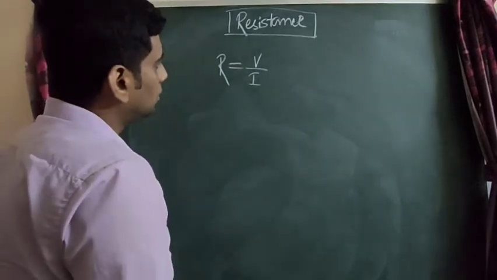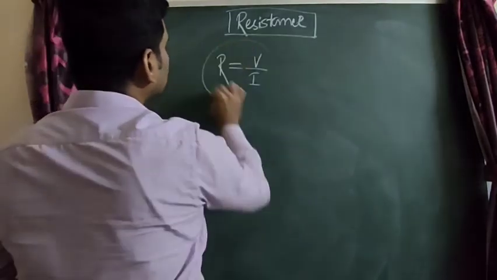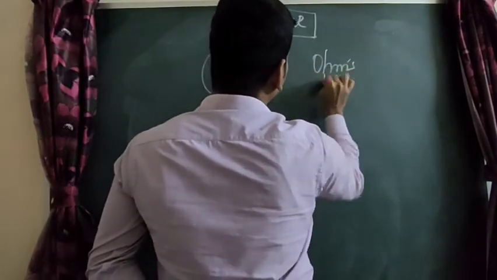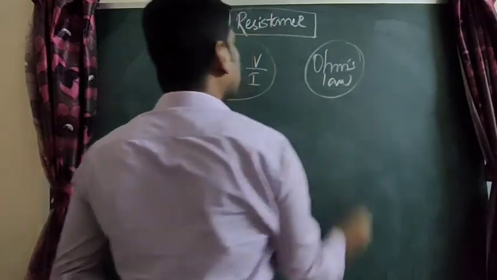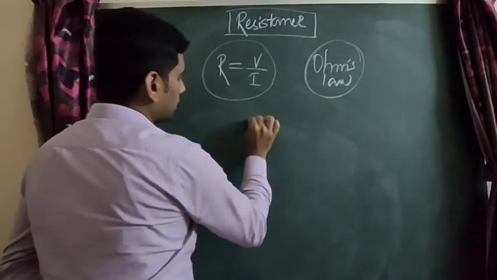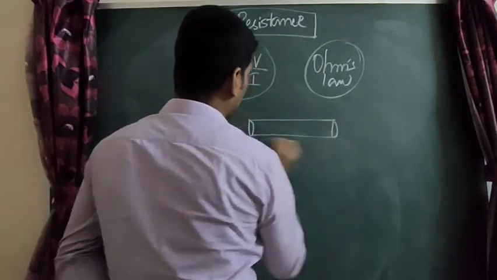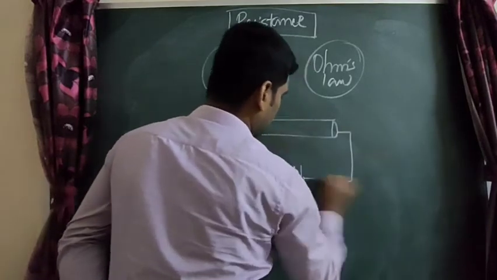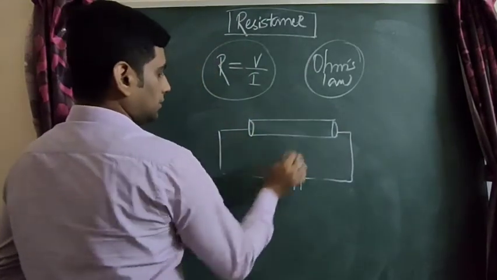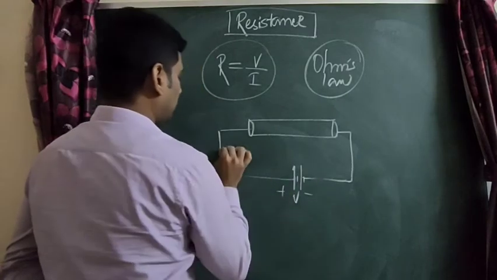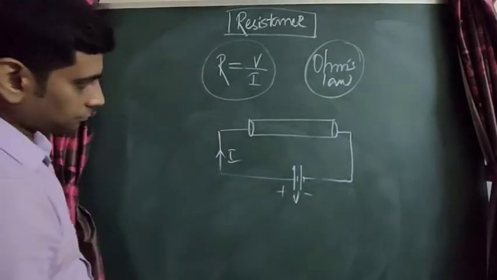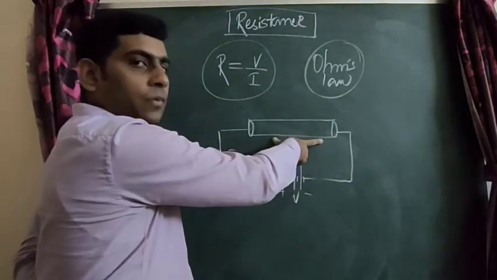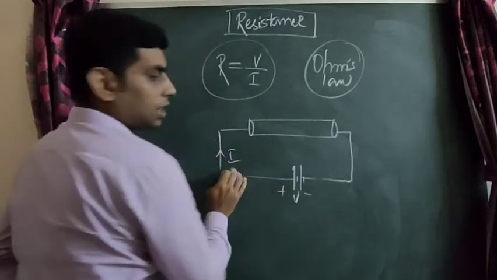How it is defined? According to Ohm's law, the potential difference applied across the ends of a conductor. So suppose here this is the potential difference which is being applied. This is the conductor. Suppose V is the potential difference and I is the current flowing. Then according to Ohm's law, the potential difference applied across the ends of a conductor is directly proportional to the current flowing through it.